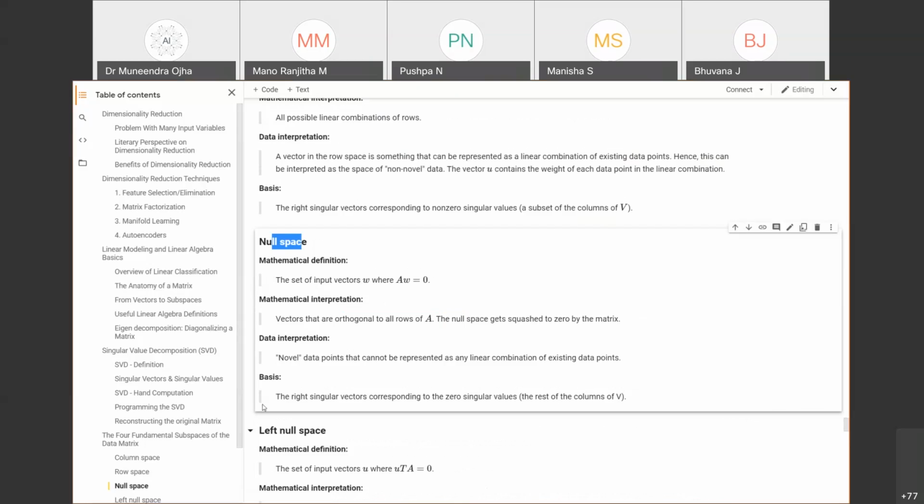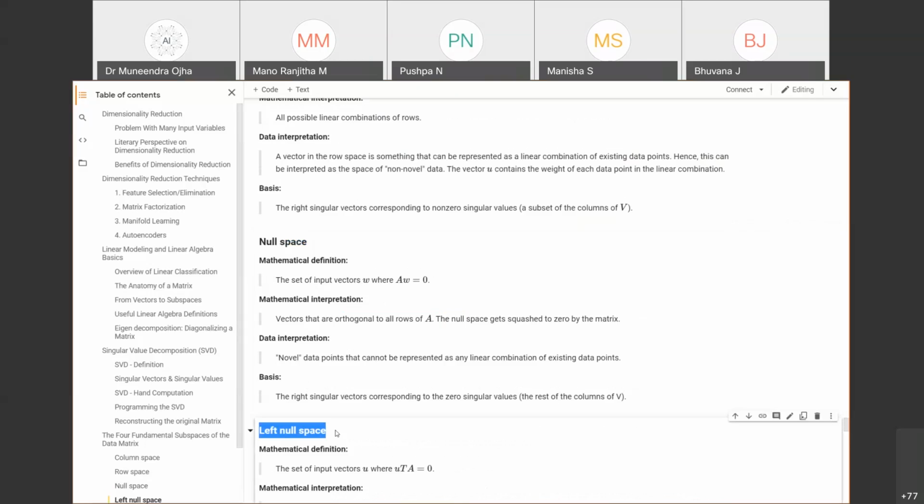So if I'm able to remove the null space as well as the left null space from the data matrix, I will be left with a lesser number of columns, and that removal will not have any effect on the overall knowledge, overall information, overall predictability of the model.